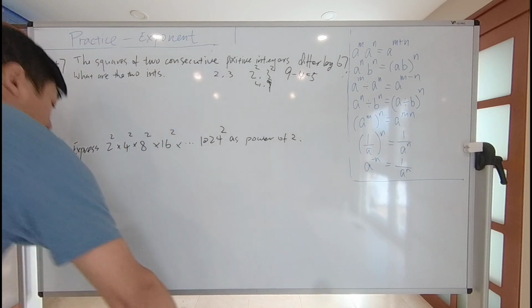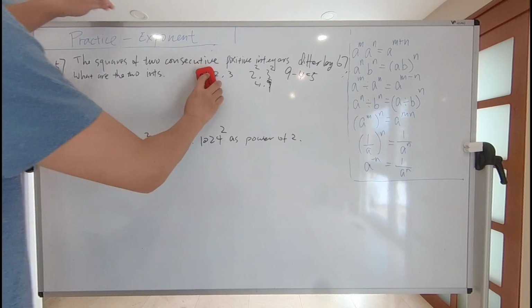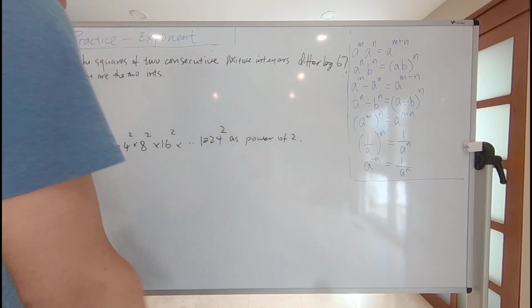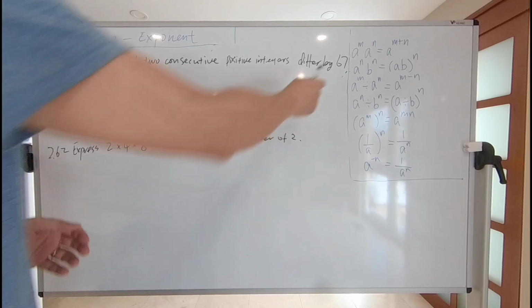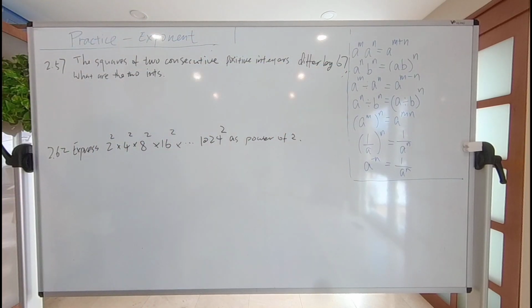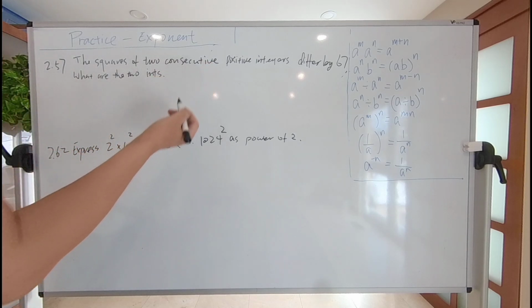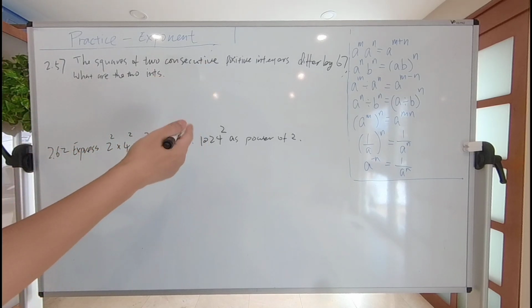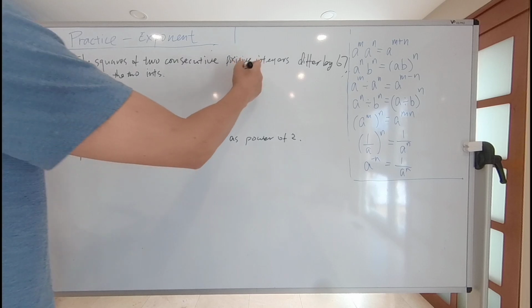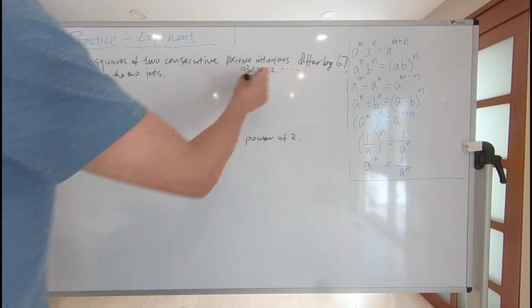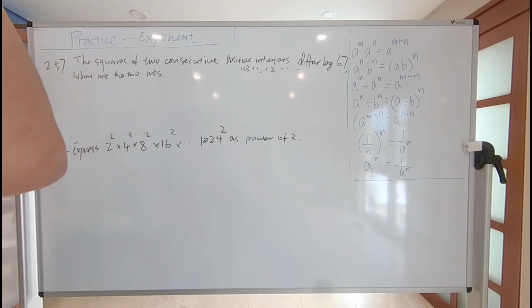Now the question is asking you to look for the number that can make this difference equal to 67. So of course, one way is you can just keep trying the squares of two consecutive integers, like trying 10, 11, 12, until you find two numbers whose squares differ by 67.